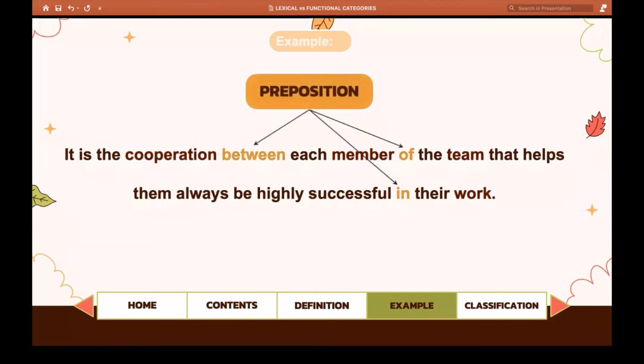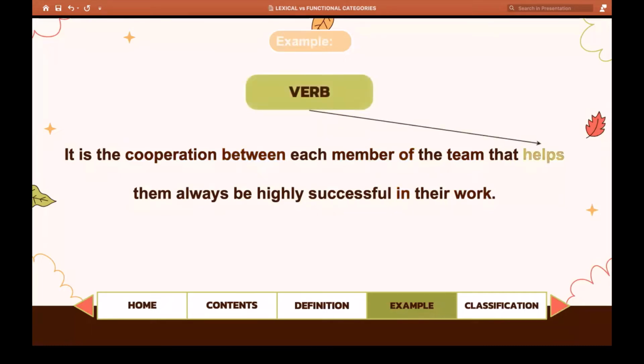There are three prepositions, including between, of, and in. There is also one verb, which is help, and two adverbs, always and highly. And the last one, successful, is an adjective.